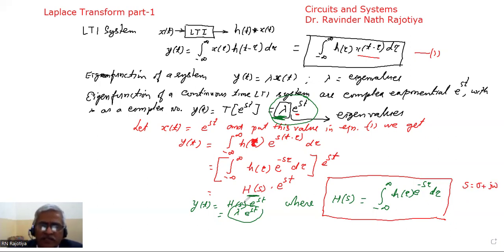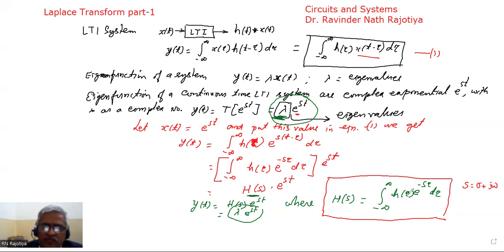Now with this in mind, we can define the Laplace transform. We can say this H(s) is derived from the impulse response of a continuous time system.